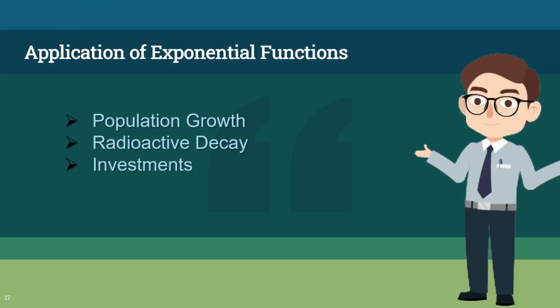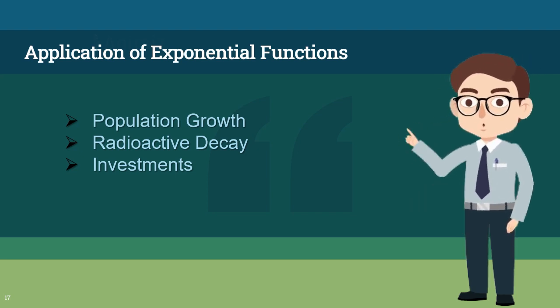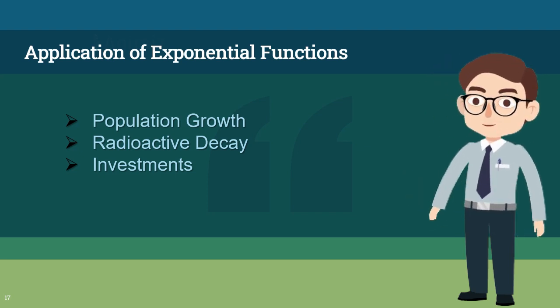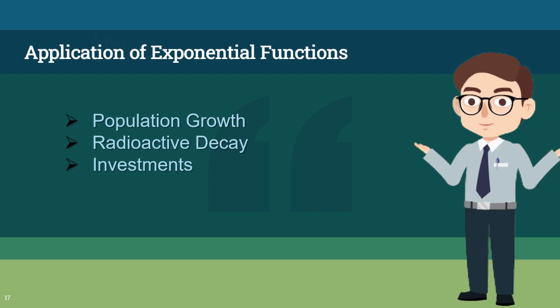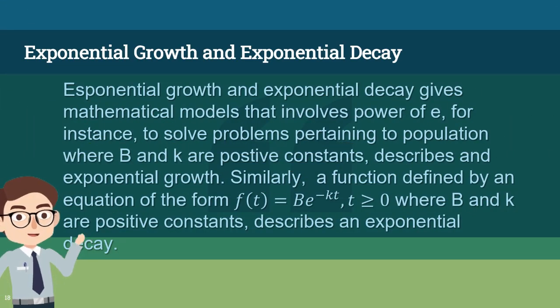Exponential functions have several applications to real-life problems. These functions can be used, for instance, to solve problems pertaining to population growth, radioactive decay, and investment with compound interest. Exponential growth and exponential decay give mathematical models that involve powers of e.